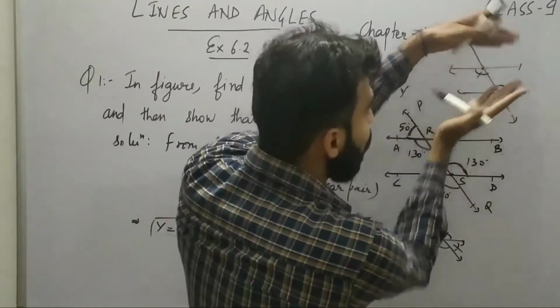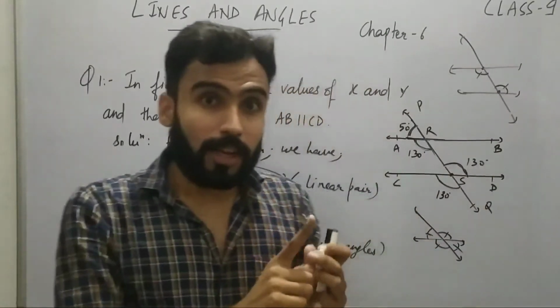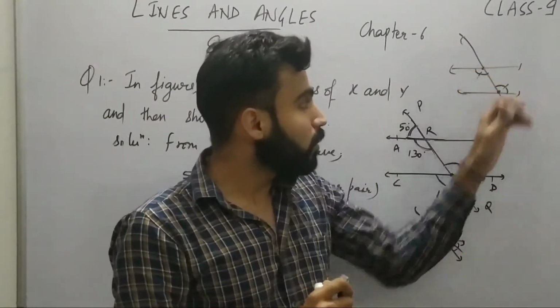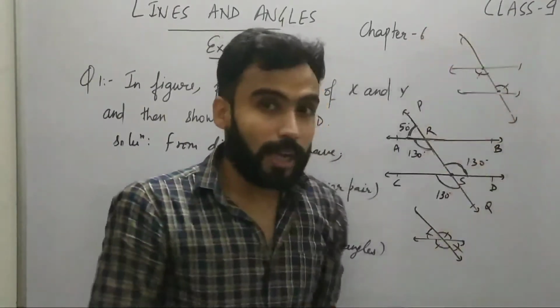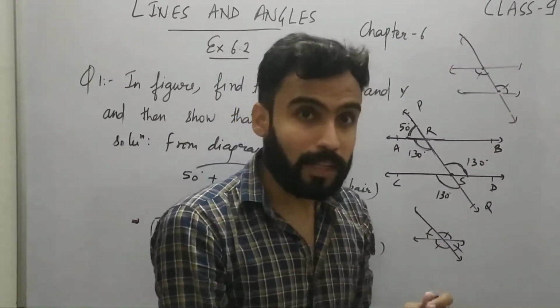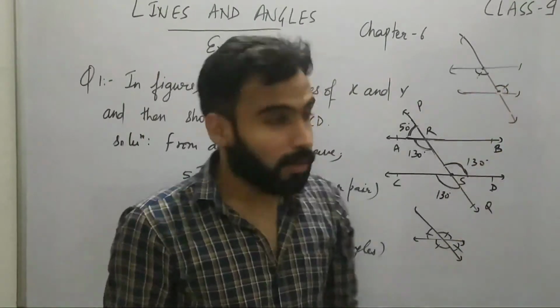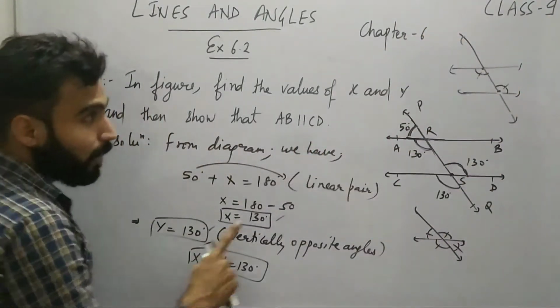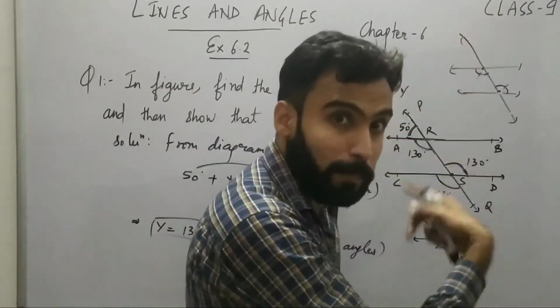That means lines will be parallel. I've told you in the starting that if the angles are equal, these alternate angles, then the lines are going to be parallel. And if the line is given to us as parallel, then the angles are going to be equal. Now in this condition, angles are equal by watching this. That means lines are going to be parallel.